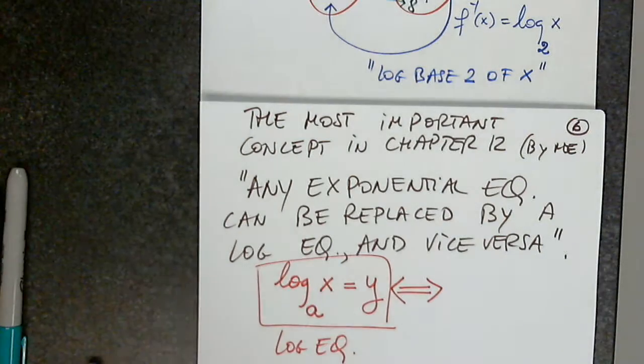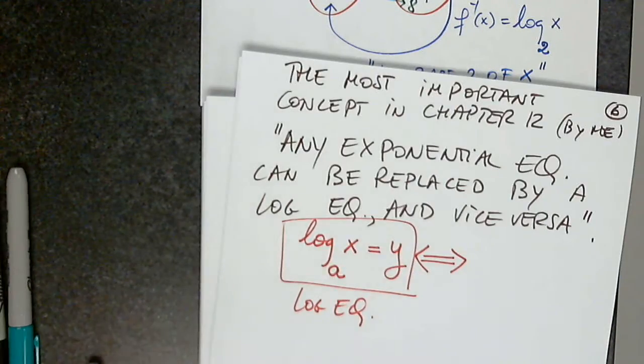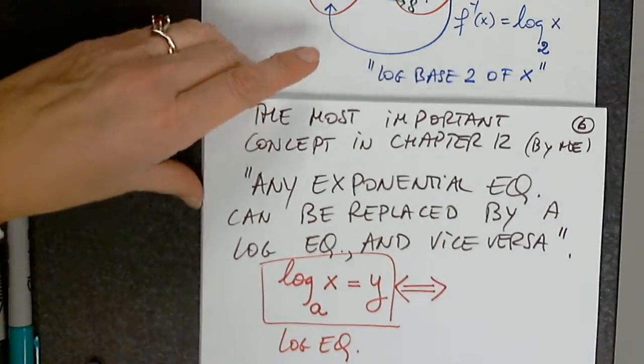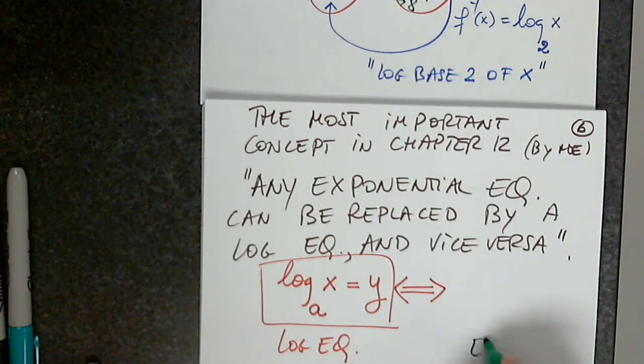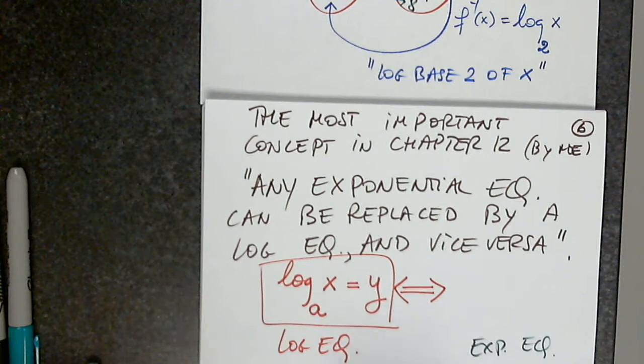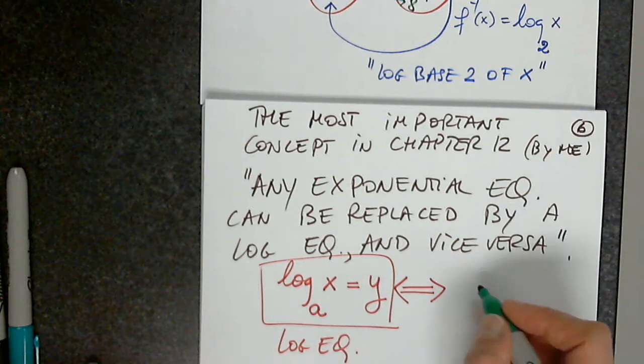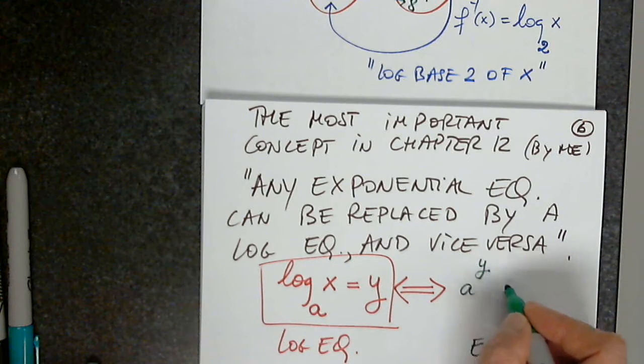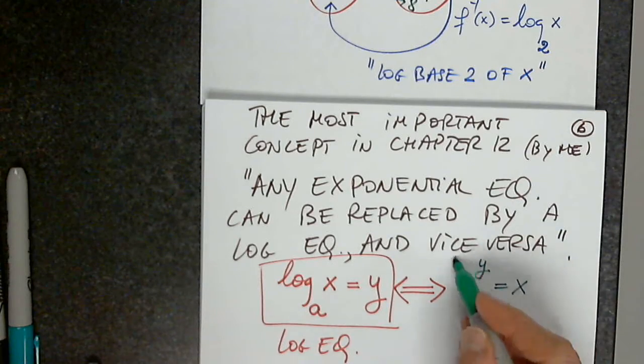I didn't write the right-hand side yet. So let's do this together so we remember this. How do I change this log equation into an exponential equation? I always start with the base, and I go counterclockwise. The base raised to this number equals x.